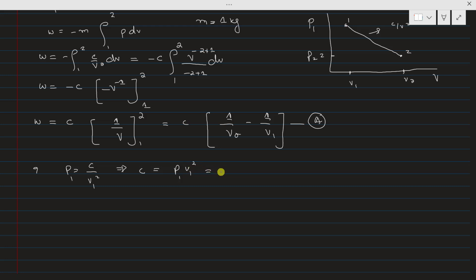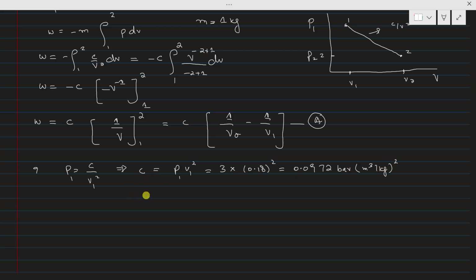What is P1? That is 3 bar multiplied by V1, that is 0.18 square. After simplification you will get the value of C, that is 0.0972 bar meter cube per kg square.